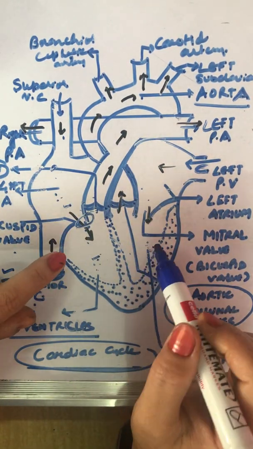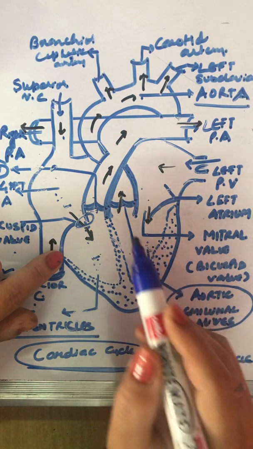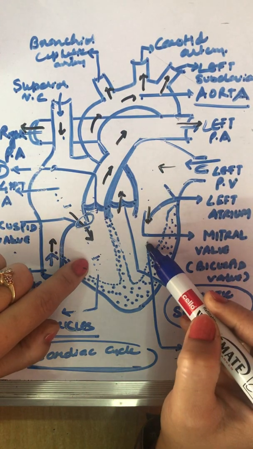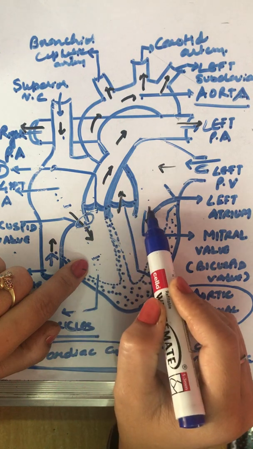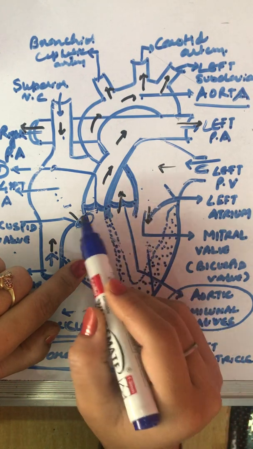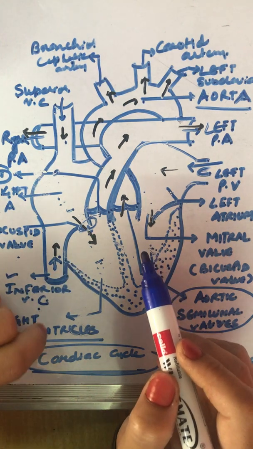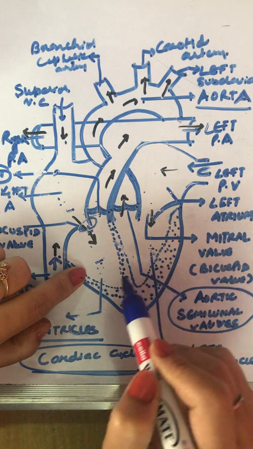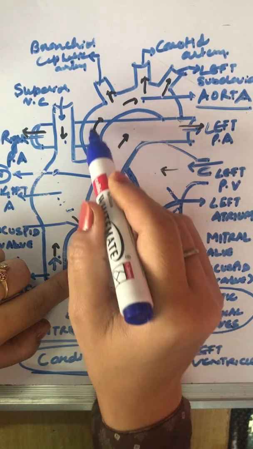The bicuspid and the tricuspid valves now close immediately, producing a part of the first heart sound. Whenever the blood from here is received in the ventricles, these two valves immediately close. Closure of these two will create the first heart sound. Then, when the ventricles complete their contraction, the blood flows into the pulmonary trunk and aorta. From here it will go into the pulmonary artery, and from here into the aorta.